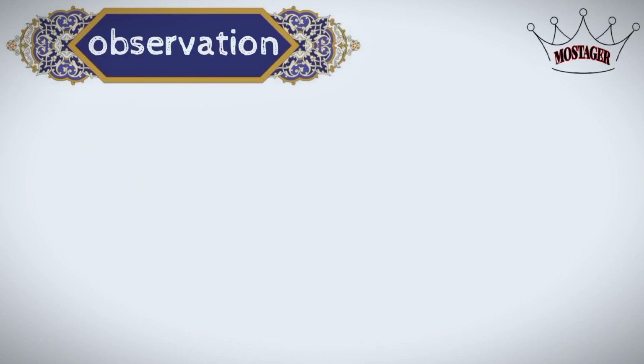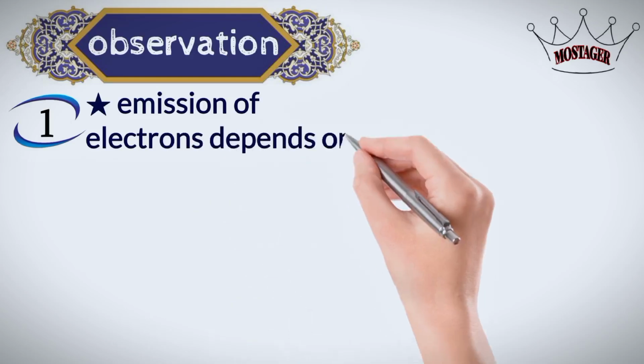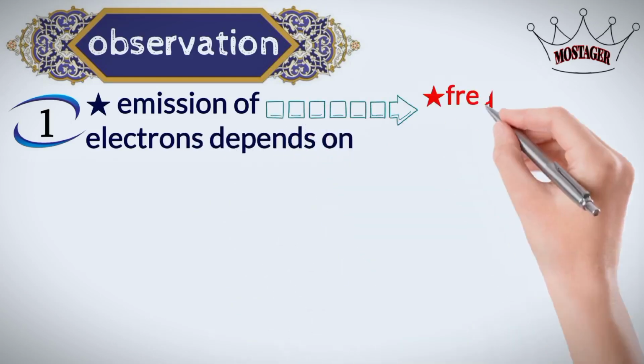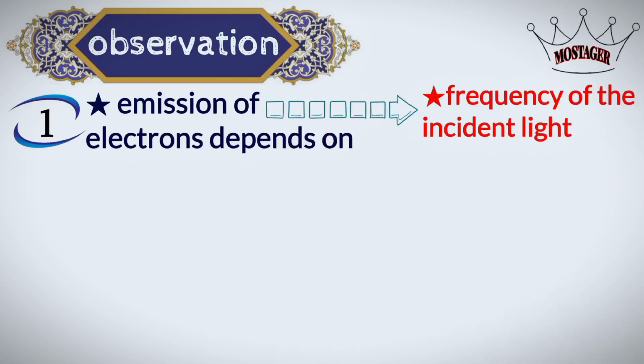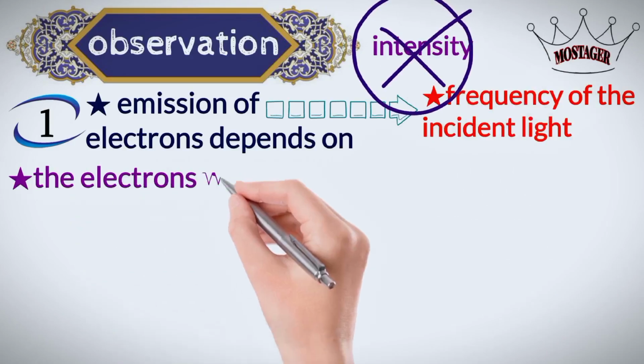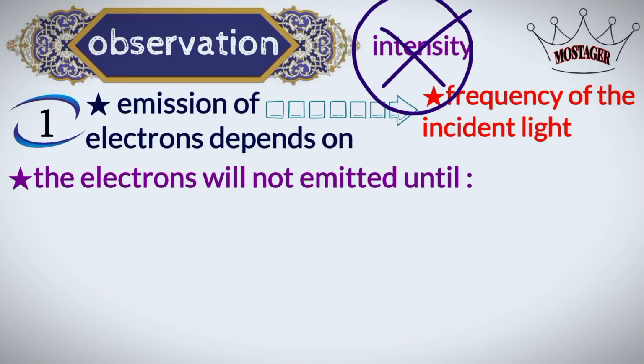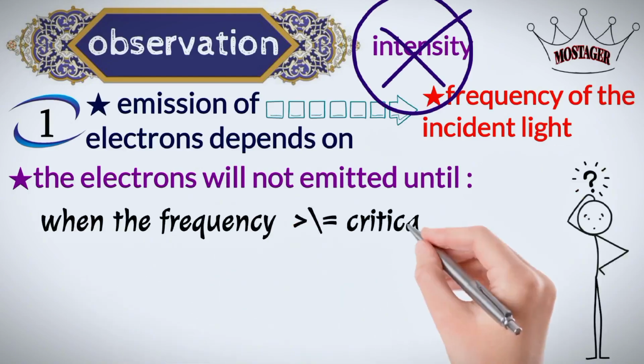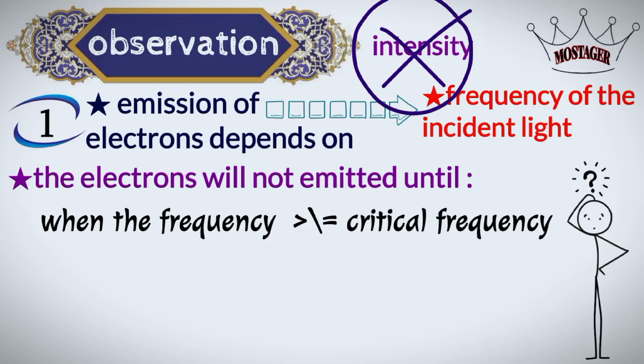We observe that the emission of electrons depends on the frequency of the incident light, not the intensity of the light, such that electrons will not be emitted until the frequency of the incident light becomes greater than or equal to a certain value, which is called the critical frequency.